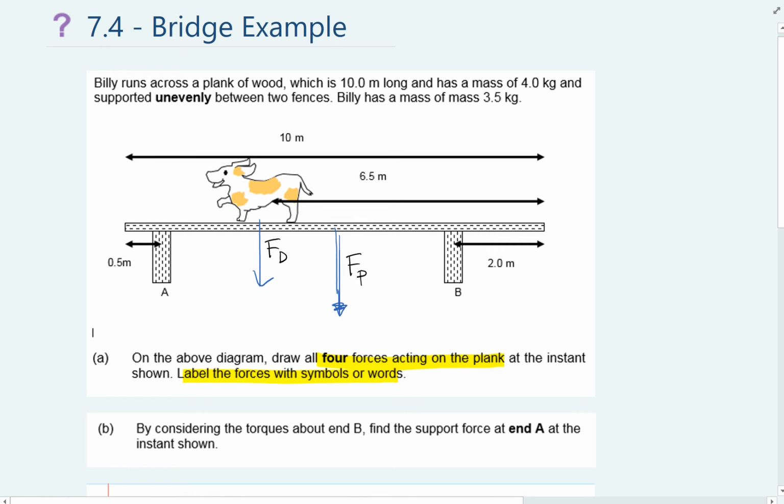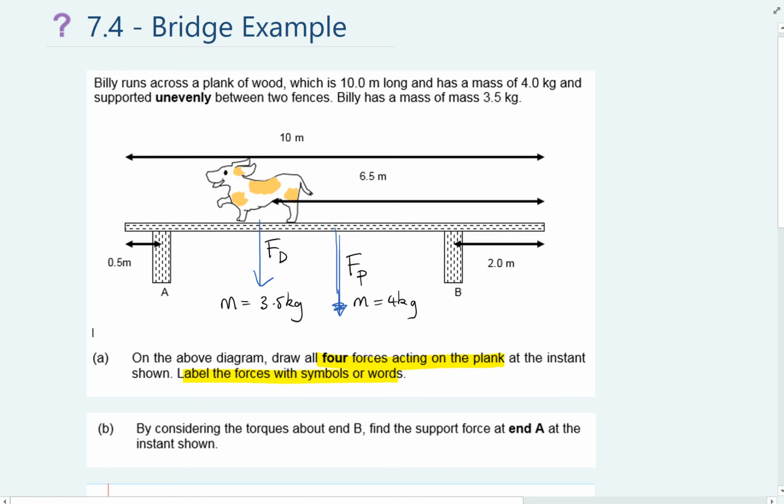So FP. Let's put some numbers on here so we know that the mass of Billy the dog is 3.5 kilograms, and we know that the mass of the plank is 4 kilograms. So I'll put those numbers there as well.